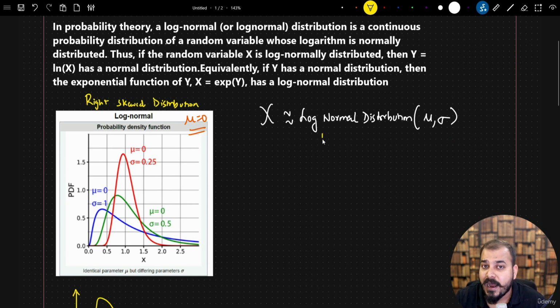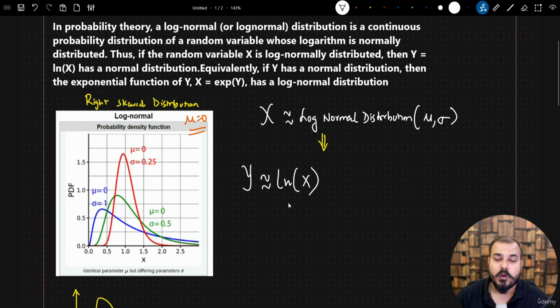Now, let's consider x is log normally distributed with some mean and standard deviation. Then if I try to do some transformation where I calculate a random variable y, and this y variable is calculated by using the formula log of x. This log is specifically called the natural log. In mathematics, we usually denote it as log to the base e.